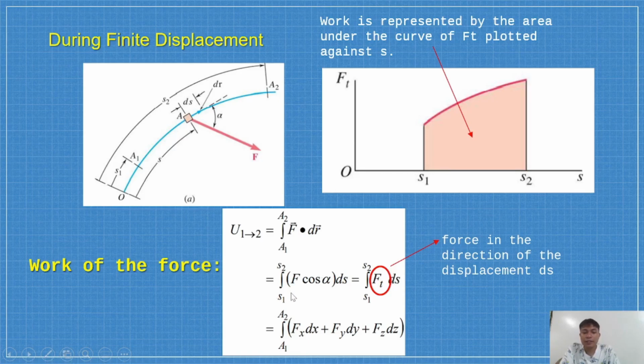Expressing this also as F cos alpha ds, the change of our s, evaluated from s1 to s2, or Ft, the force in the direction of the displacement ds, multiplied by ds evaluated from s1 to s2.